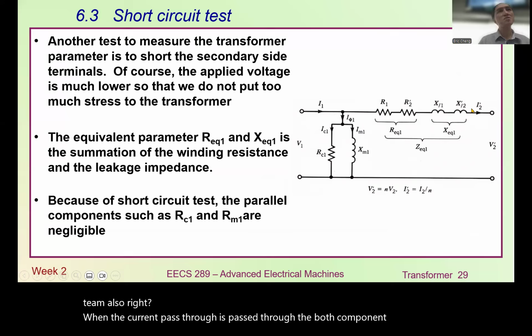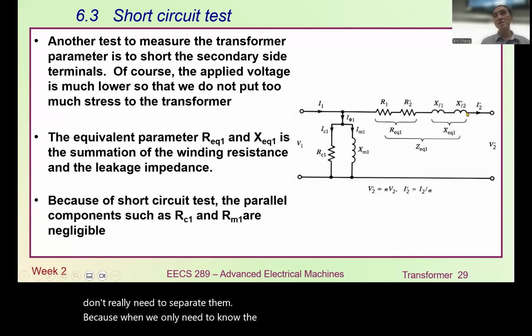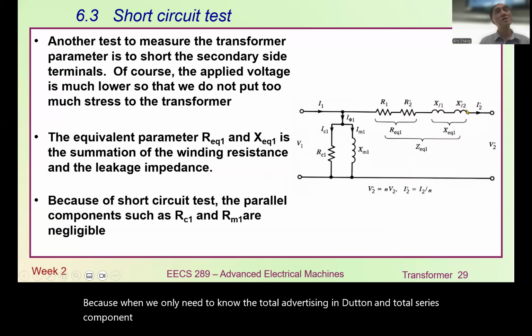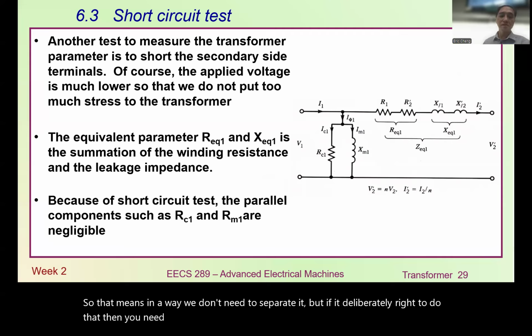We don't really need to separate them. We only need to know the total magnetizing inductance and the total series component of inductance, which is good enough for our calculation. But if you deliberately want to separate them, then you need a deeper analysis.